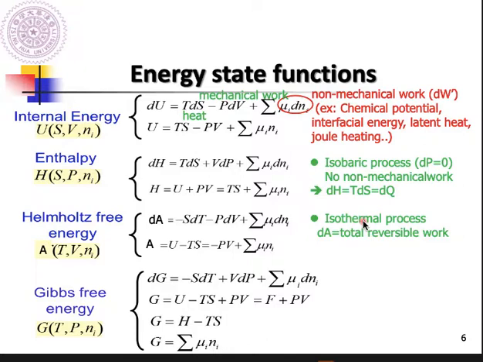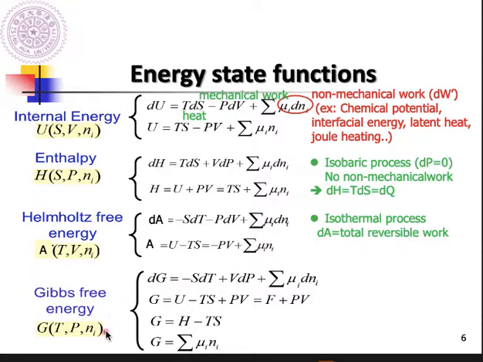Isothermal means at constant temperature, so dT equals 0, and you can drop this term out. So when you observe or measure the change of Helmholtz free energy, you will know the mechanical work and all the non-mechanical work done by your system. This means when you measure the change of Helmholtz free energy, you can know the total work, including the mechanical work and non-mechanical work applied by the system.